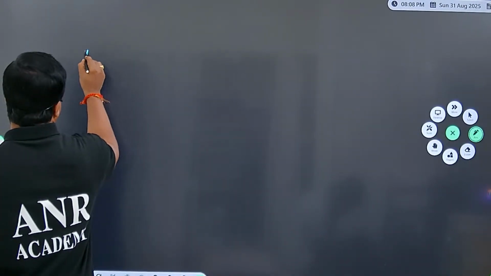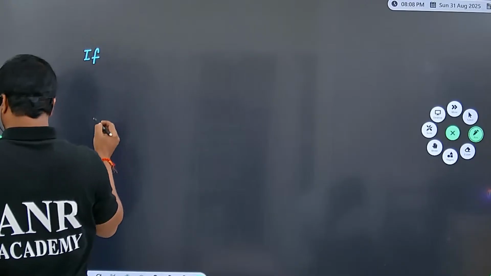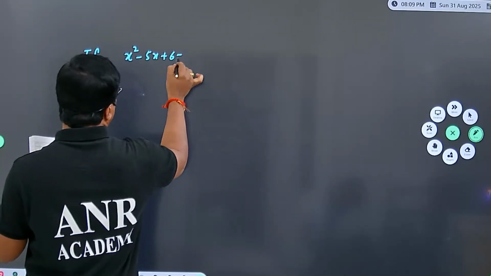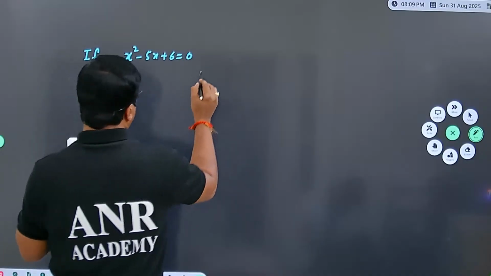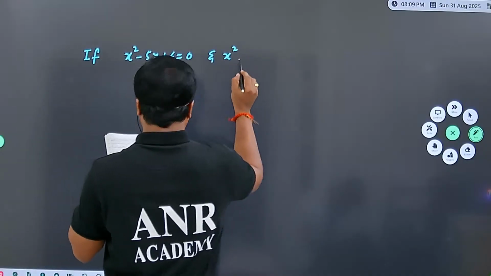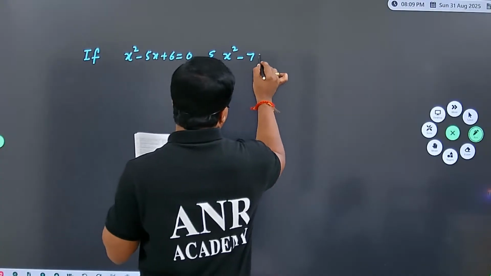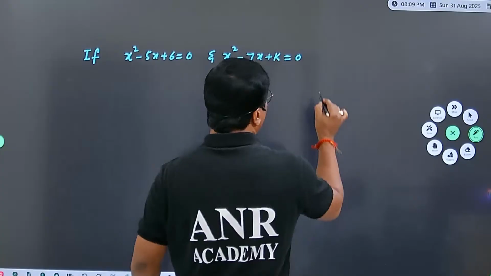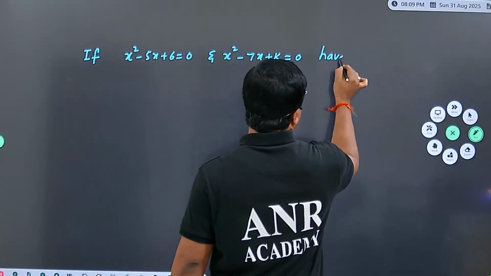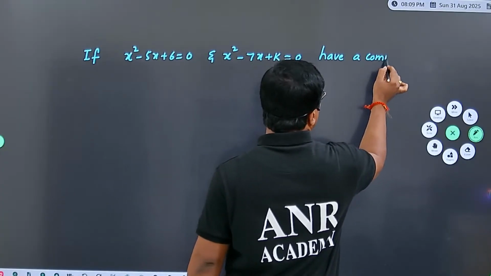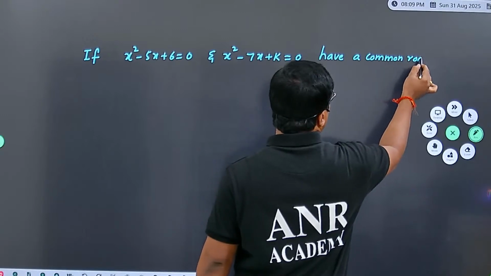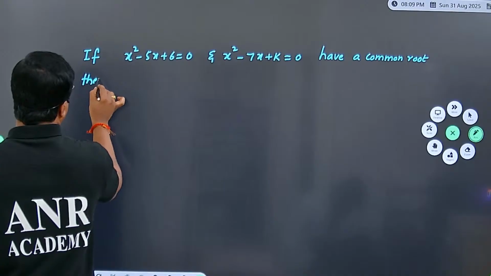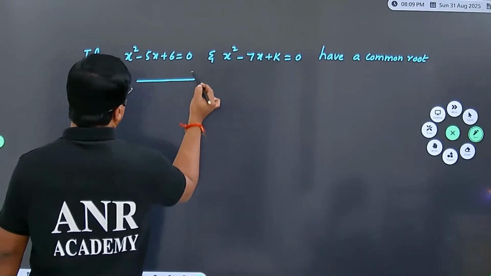Given that x square minus 5x plus 6 equal to 0 and x square minus 7x plus k equal to 0 have a common root, then the value of k equals.